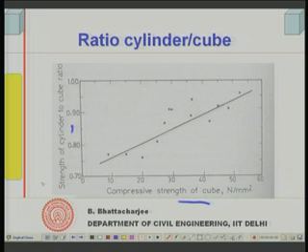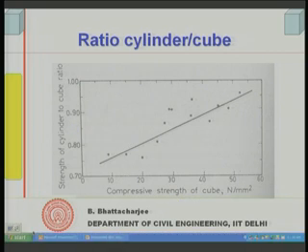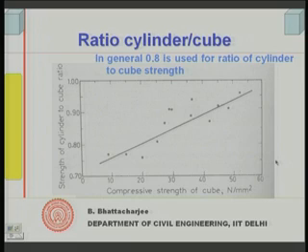Generally, we do not go into this kind of complexity, although this ratio is a function of the cube compressive strength of the concrete itself. Instead, we simply use 0.8 as the ratio of cylinder to cube strength. So, what we assume is cylinder strength is about 80% of cube strength, or cube strength is 25% more than the cylinder strength.